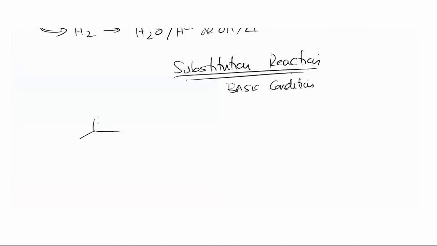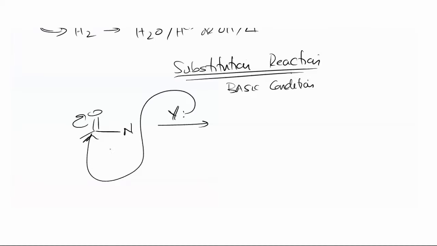So we start off with some kind of carboxylic acid derivative, and we react it with some nucleophile, right? The nucleophile is going to go here, the electron swings up, it's going to be in equilibrium. We form the tetrahedral intermediate.